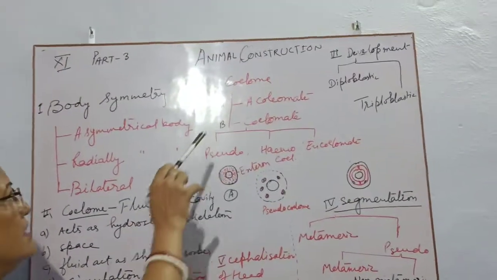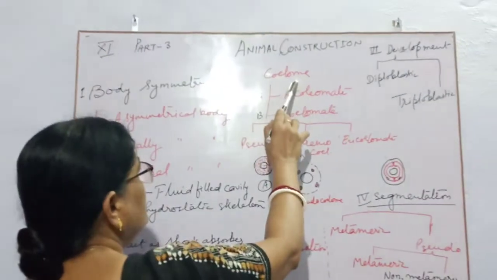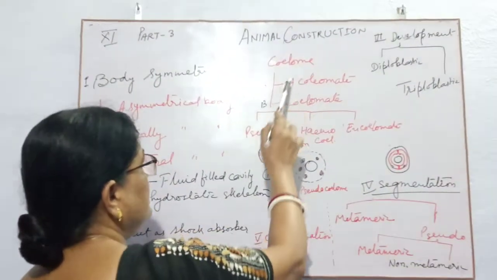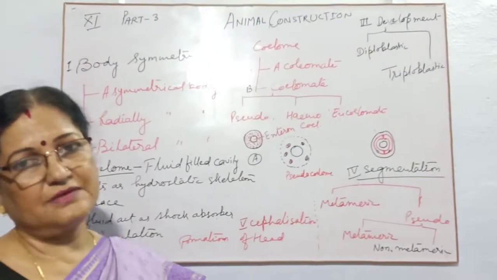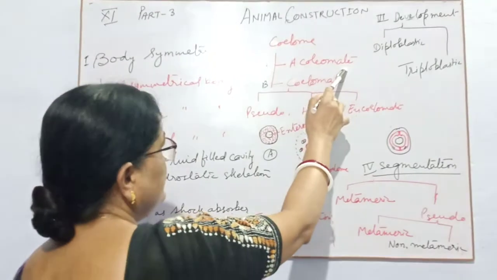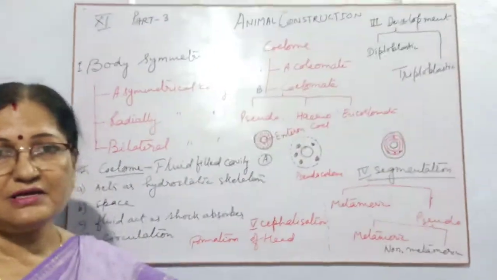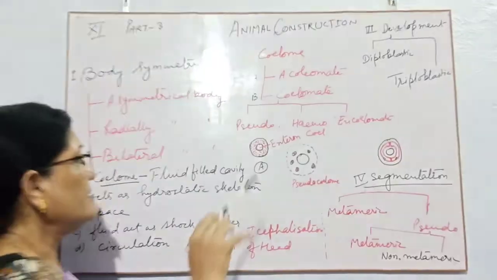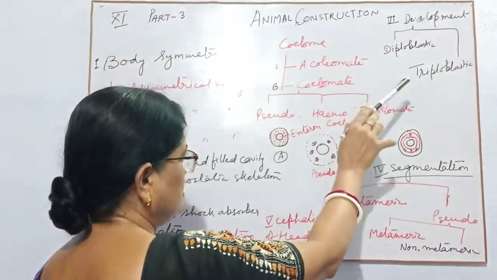Now, what are the types of coelom? Coelom, that means fluid filled cavity, is of 2 types. If they have no coelom, the animal is termed acoelomate, and B part, coelomate, means those having coelom. Now, acoelomate means there is no coelom.